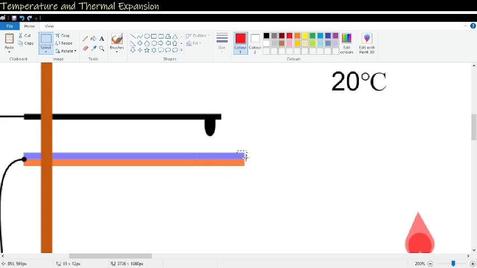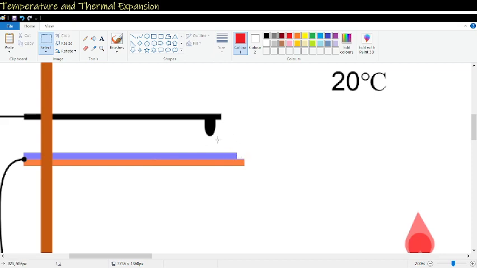The red metal will expand more. In this case, in the simulation, the red metal will expand more because it has higher CTE. If the metal is not stuck or glued, it will be like this.